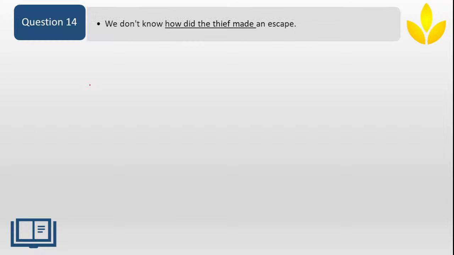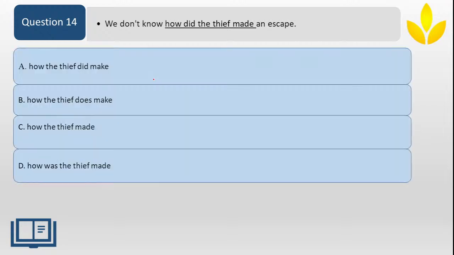Next question: we don't know how did the thief made an escape. If someone is online, please let me know the verb forms for make. The base form is make, past is made, past participle is made. So "how did the thief make an escape" or "made an escape"?